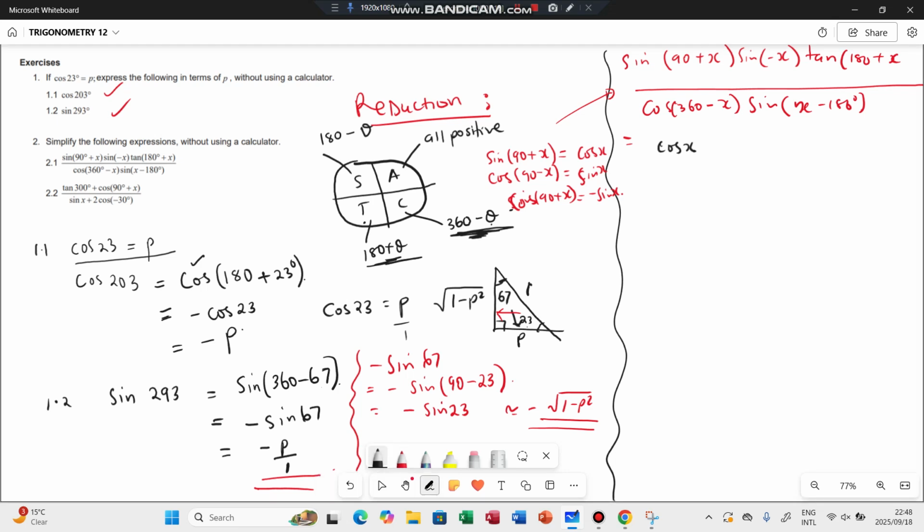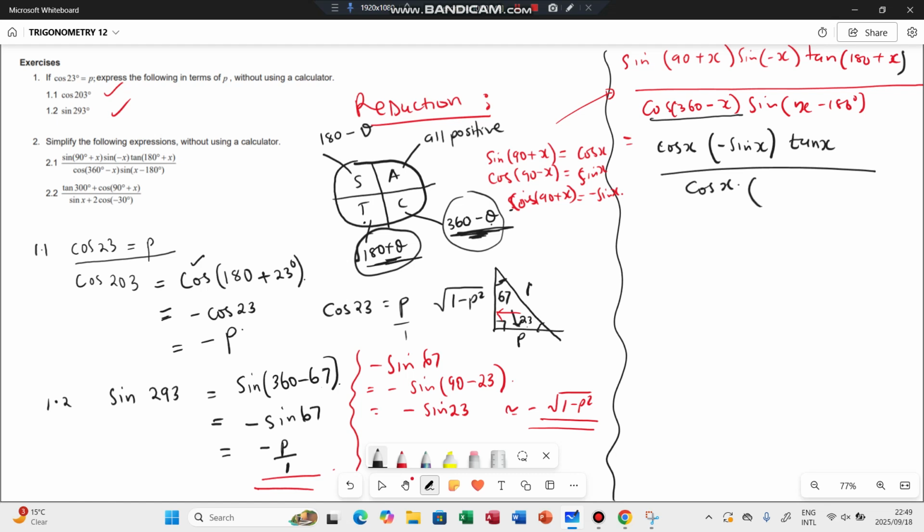Then sine of a negative gives us negative sine of x. And tan of 180 plus x remains as tan of x. Cos of 360 minus x, because it is in the fourth quadrant, remains as cos of x.